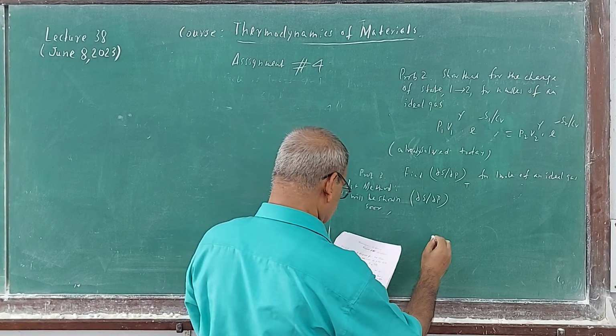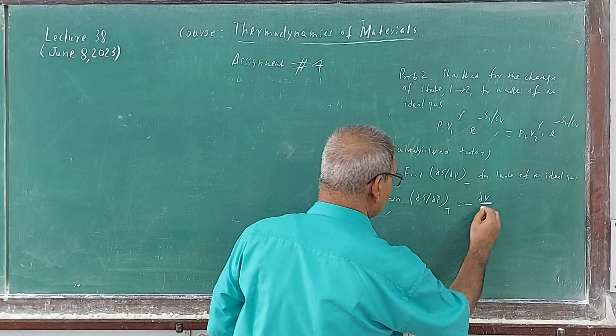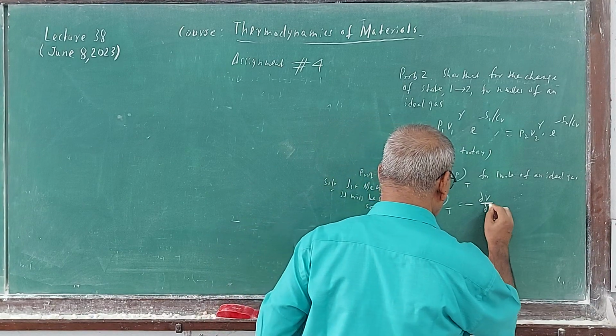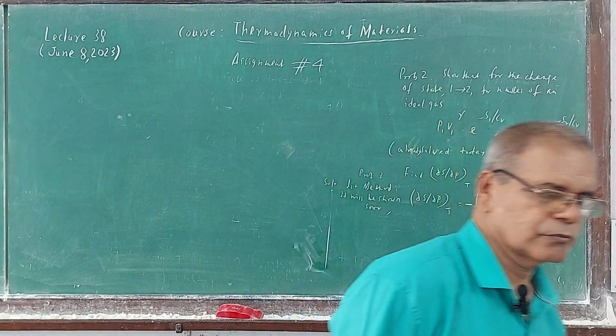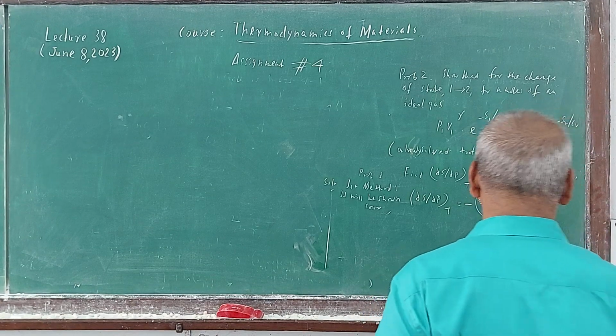What I'll prove is del S by del P at constant T equals minus del V by del T at constant pressure. This is called Maxwell relation.